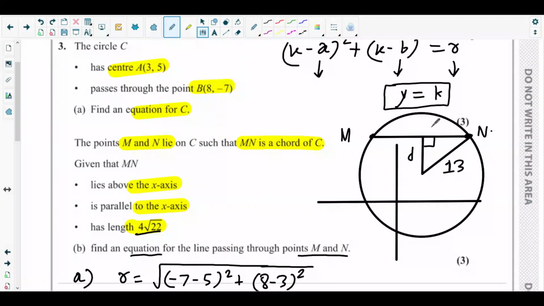So this length would be 2 square root of 22.